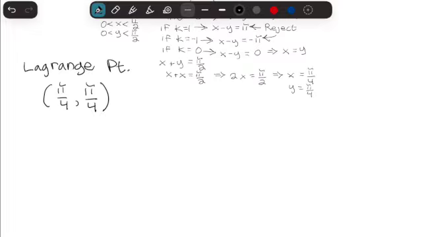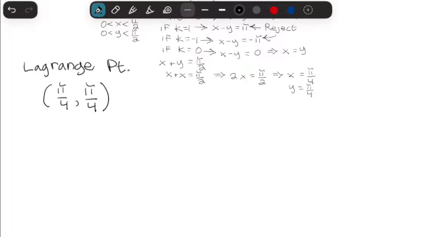So we need to test if that's actually a maximum, because it could also be a minimum or saddle point. So let's pick convenient values on either side of it. We're not going to use the endpoints just because they're not defined here.